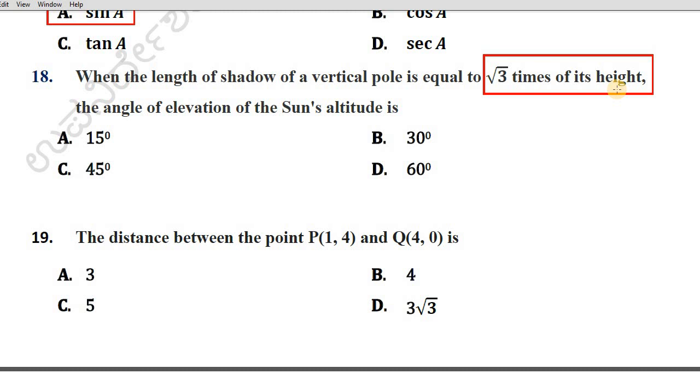So shadow will become root 3 times x, so root 3x. So use the tan ratio concept, children. So x by root 3x you will get, x and x will get cancelled. 1 by root 3 will get. So 1 by root 3 is for tan 30 degree. Therefore for this question the right answer is option B, 30 degree.